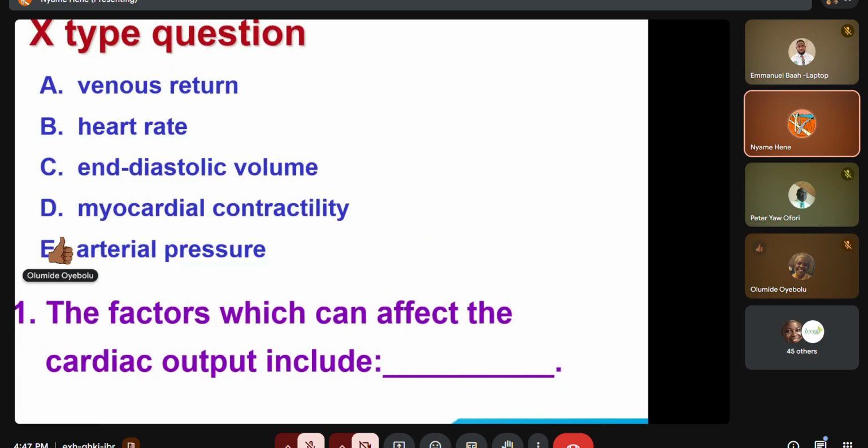Next question. The factors which can affect cardiac output include, list them. What are they? A, B, C, D, E? So what are the factors that can affect cardiac output?